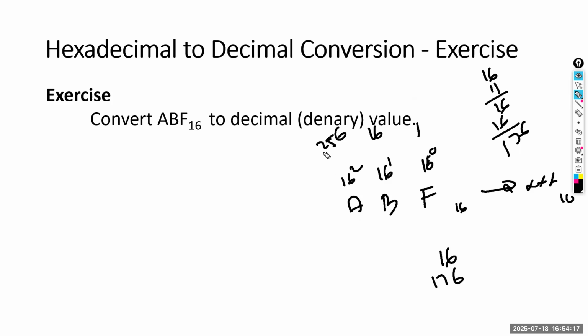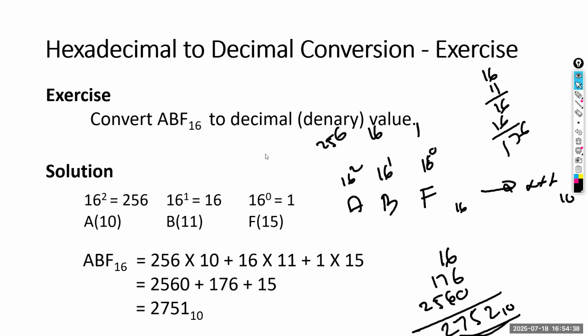And we have A number of 256. A is 10. 10 number of 256 is 2560. 2752. Simple as that. So that is how you convert base 16 into base 10.